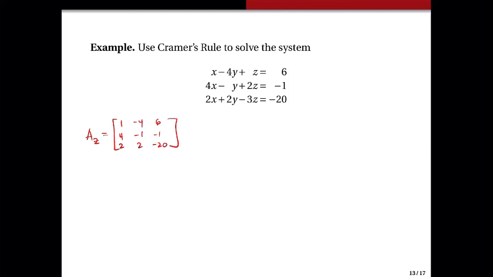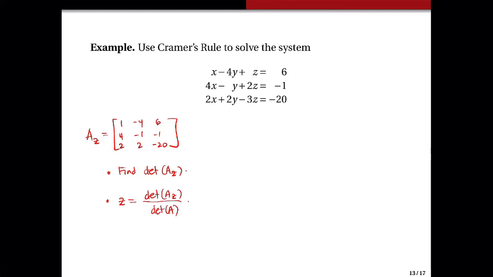And then find the determinant of this. Then you will have z equals the determinant of A sub z divided by determinant of A. So you have your x, you have your y, and you have your z. You now solved the system.